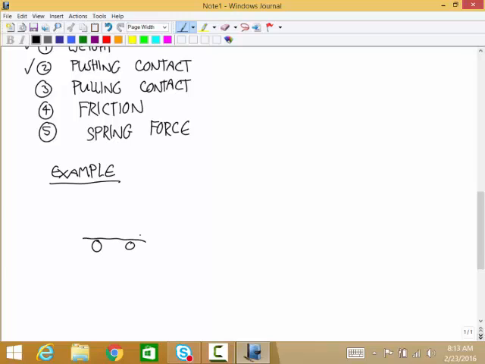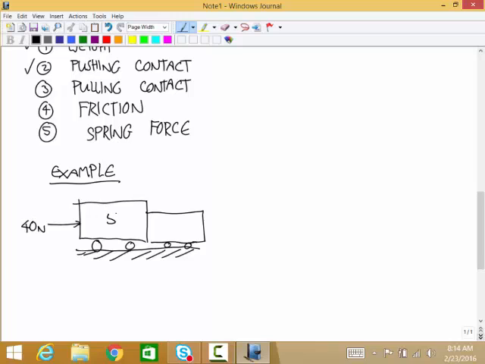Okay, so as an example, let's say we had 2 little carts rolling along the ground. And let's say there's a 40 Newton force applied there. Let's say this is 5 kilograms and 3 kilograms.